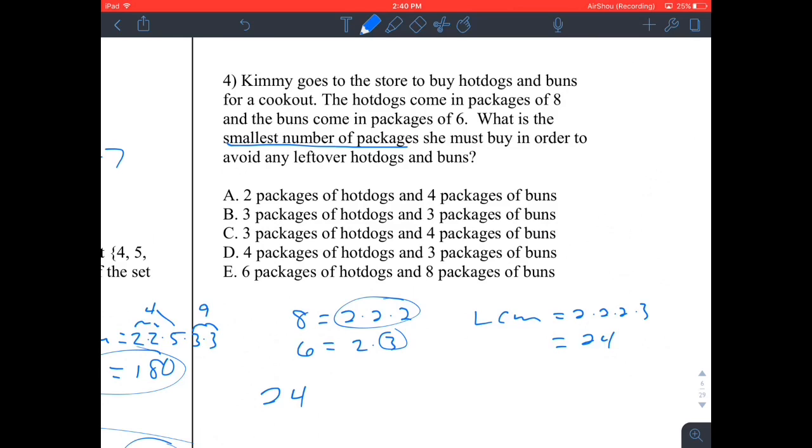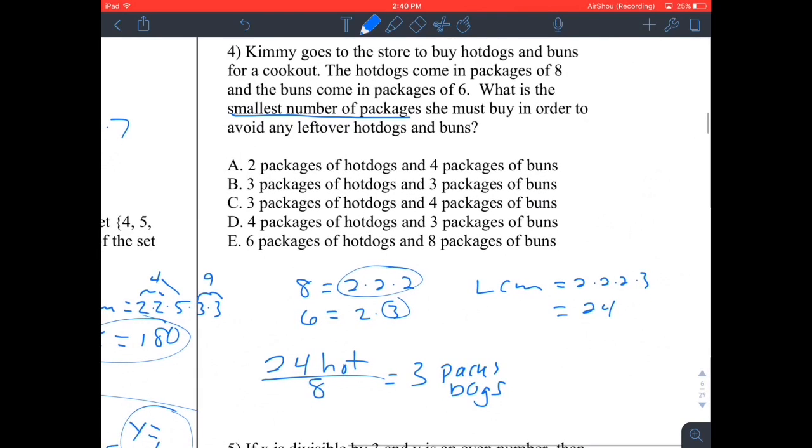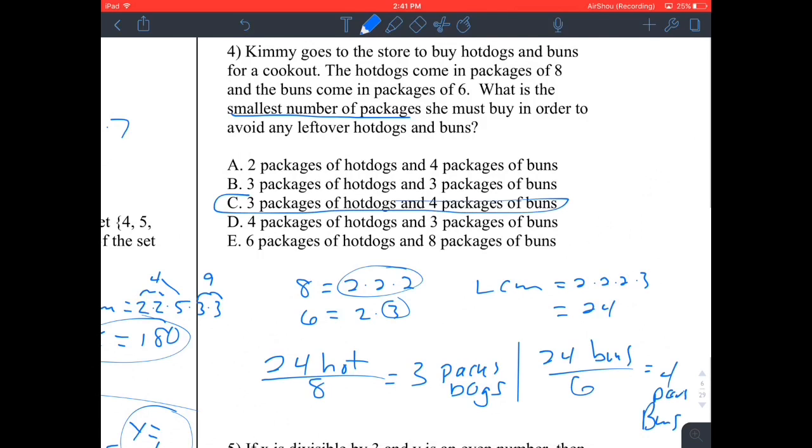Hot dogs come 8 in a bag, that means we need 3 packages of hot dogs. And if we got 24 total buns, and they come in 6 packs, that's going to be 4 packs of buns. So 3 hot dogs, 4 buns, that is answer C.